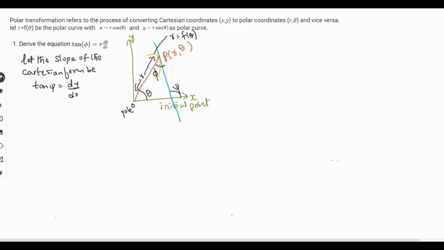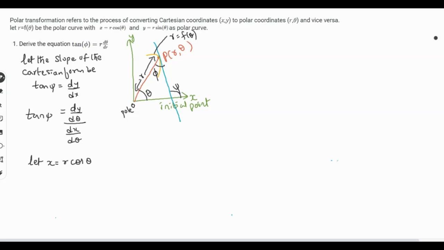Now, since it is theta which is changing, we can write this as dy by d theta, dividing and multiplying by d theta, we get dy by d theta divided by dx by d theta. So that is tan psi. Now let x equals r cos theta.